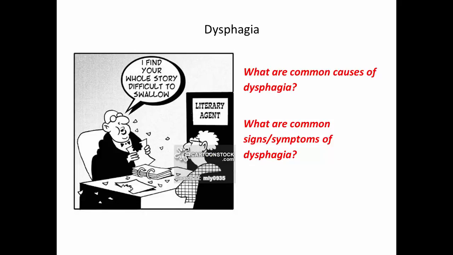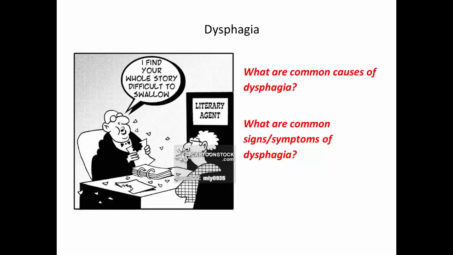Excessive drooling, regurgitation, so they swallow and food comes back up, gurgling sounds, even somebody that has frequent bouts of pneumonia, you might suspect that perhaps they are actually inhaling some food or fluid, and so the cause of those frequent bouts of pneumonia might be dysphagia.